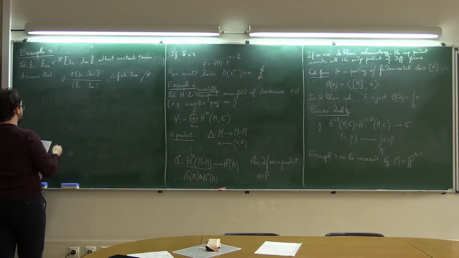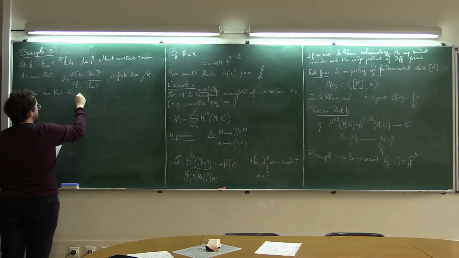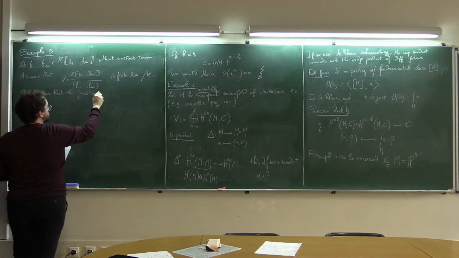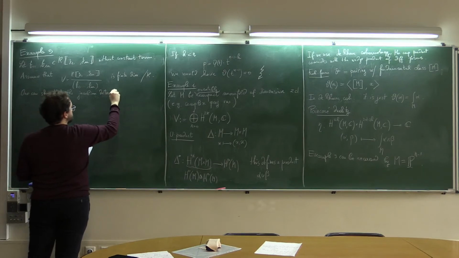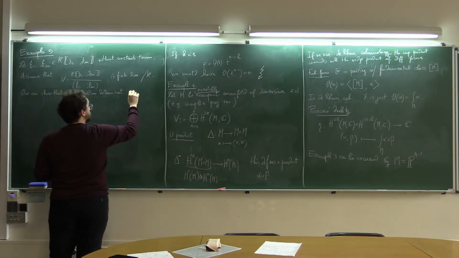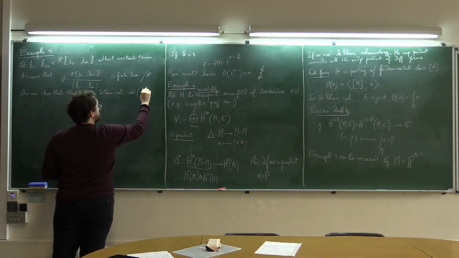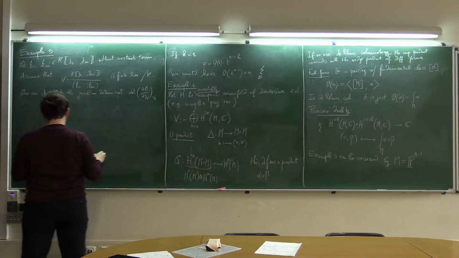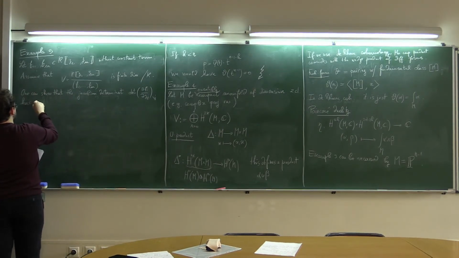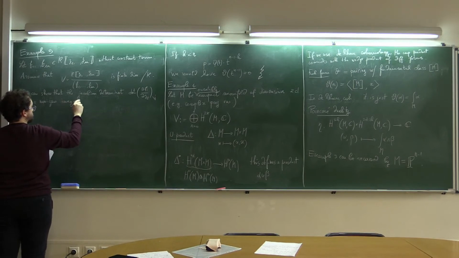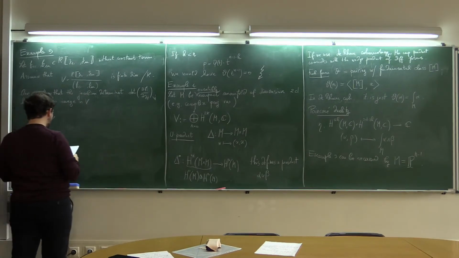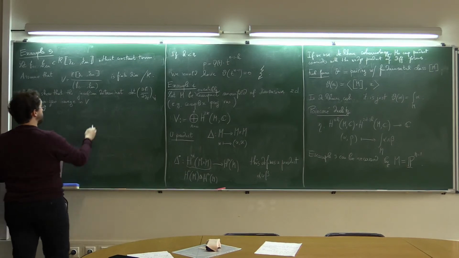Well, one can show that the Jacobian determinant has a non-zero image in V, and generates there a one-dimensional ideal.